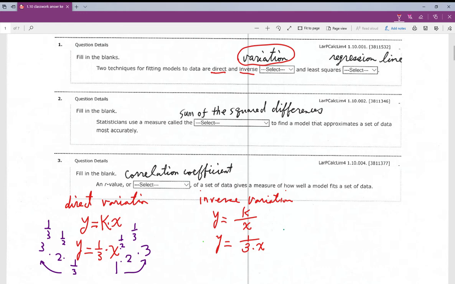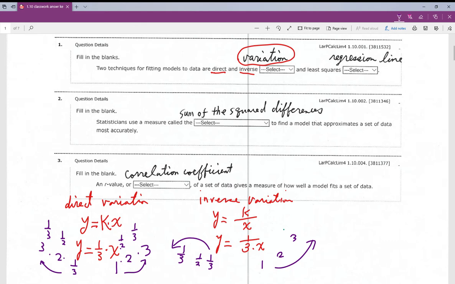So compared to direct variation, when x is 1, y is 1/3. But when x doubles, y needs to be divided by 2. When x triples, because x is in the denominator, y becomes 1/3 of that. Okay? So then we call it inverse variation because when x grows, y becomes smaller, right?